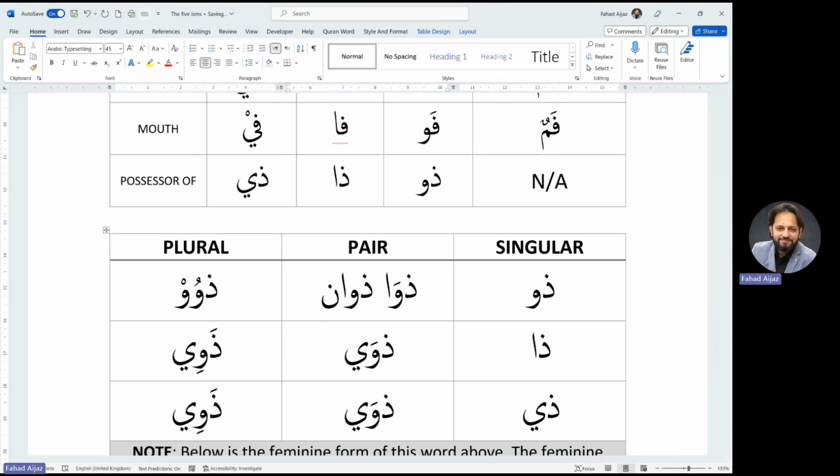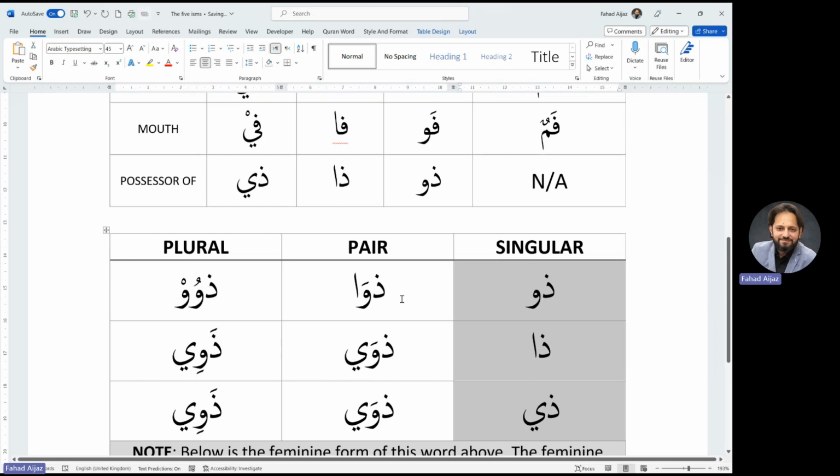When you make this light in mudaf form, it will remove its noon. So it becomes zawa, which I've written here. It was supposed to be, for example, zawaini, like this. And when you remove the noon, it becomes zawai. So that is the pair form in nasab, and then the same with the jar.